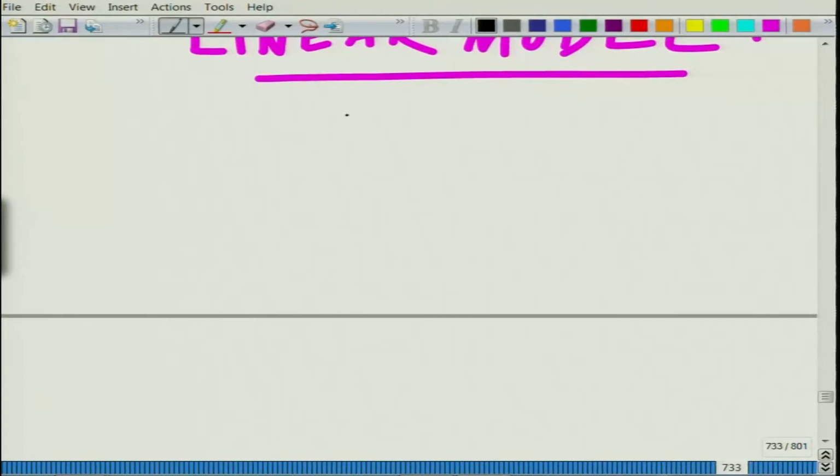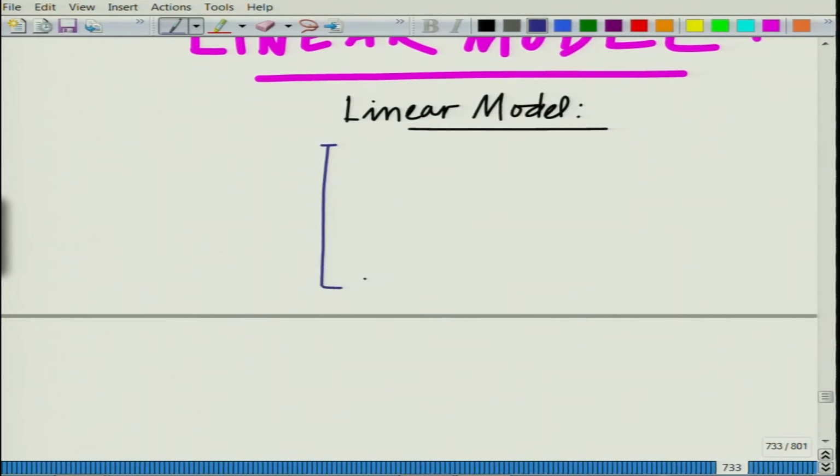So let us say we have the following model. This is our linear model. In this model, we have the observations y1, y2, so on up to yn.